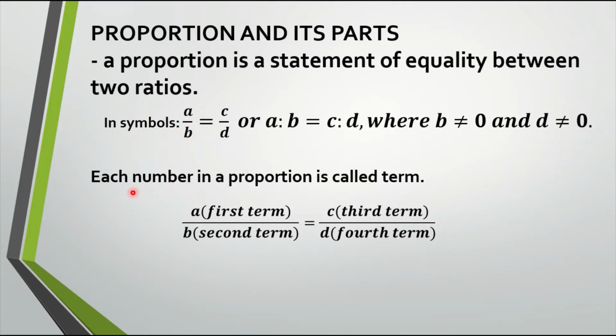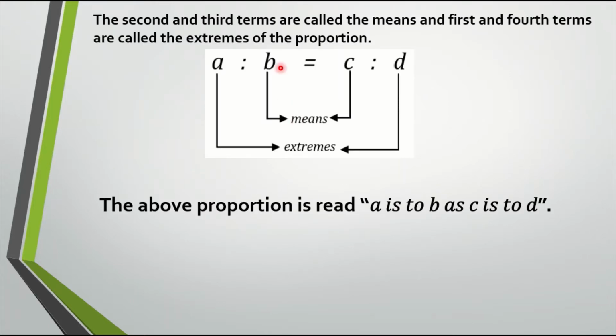Each number in a proportion is called a term. For A, B, C, D, just follow along. A is the first term, B is the second term, C is the third term, and D is the fourth term. The second and third terms are called the means, and the first and fourth terms are called the extremes of the proportion.